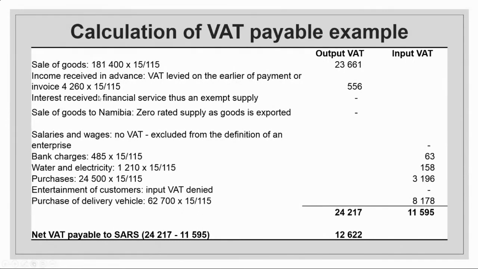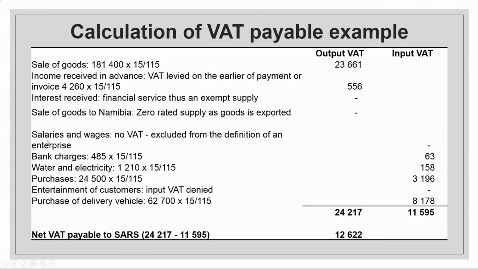Because they haven't given you further information, you could assume in this case that this was a payment made in advance before the invoice because it was received in advance. So we would have taxed it in that month as well, and also raised the output VAT. Then interest received is an exempt supply, and sales to Namibia are zero rated supplies.